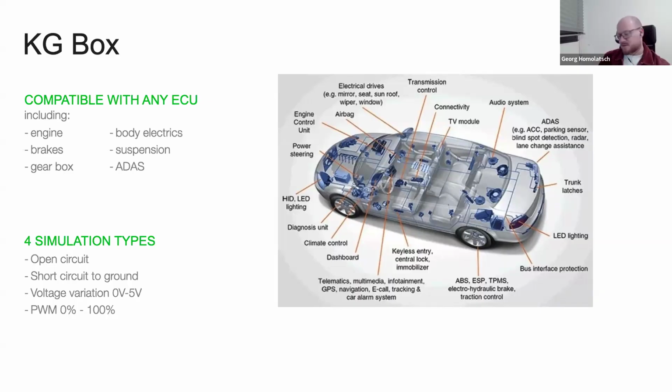So if you think about an average vehicle, if the ECU has between 150 and 200 pins for the engine, you have up to 800 different possibilities of faults that you can set on that engine. So the four fault types that you have available are open circuit, short circuit to ground, and these are typical traditional faults. Maybe you already do them for your training. And then you have voltage variation and PWM.